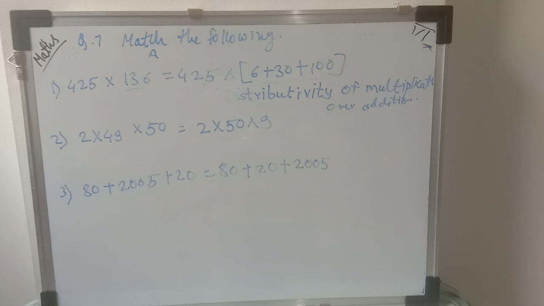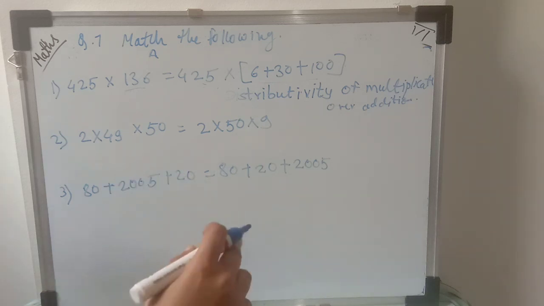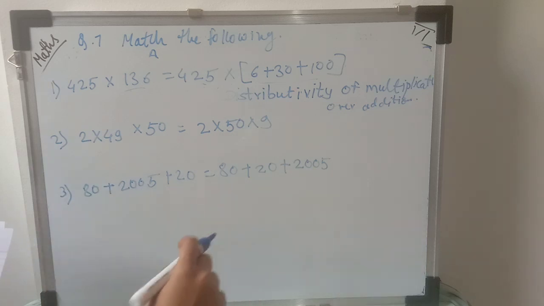So again here, in the options they have given us commutativity under addition and commutativity under multiplication. Here we have done the multiplication and here we have done the addition.